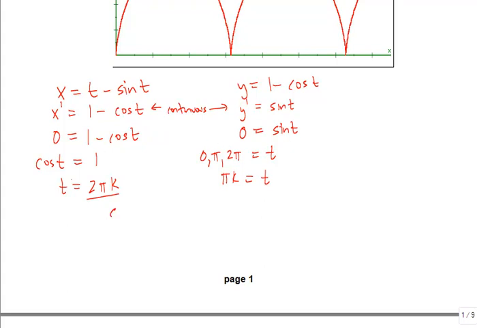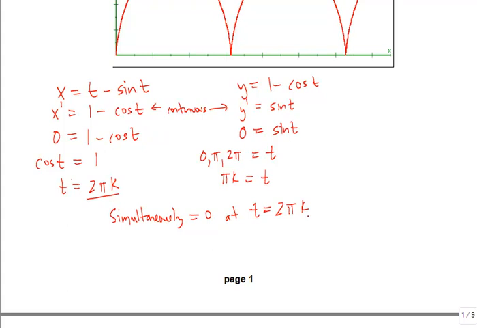So they are simultaneously going to equal 0, these derivatives, at t equal to 2 pi k, those even multiples of pi.